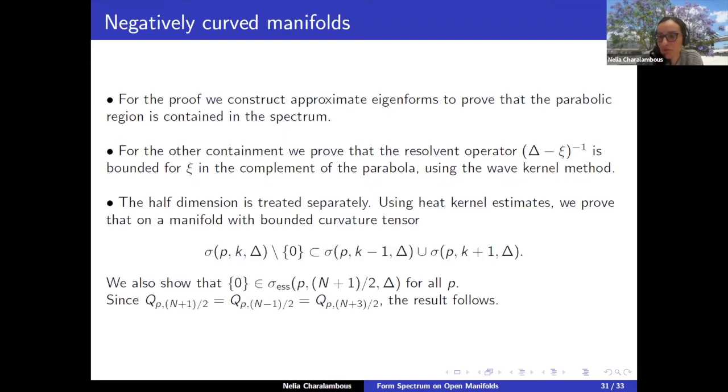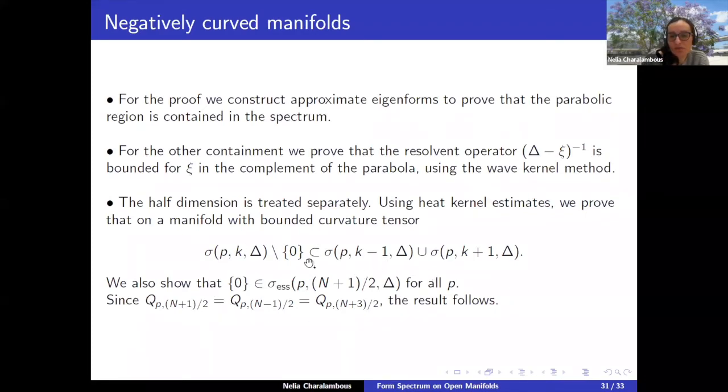In the half dimension, we had to treat this a little bit separately because we have a gap at 0. So we can't really rely on just the resolvent operator, because now we have this singularity where everything fails. But here we were able to show, using estimates on the heat kernel, that even for the L^p spectrum on k-forms, other than 0, it comes from either the L^p spectrum on k-1 forms or on k+1 forms.